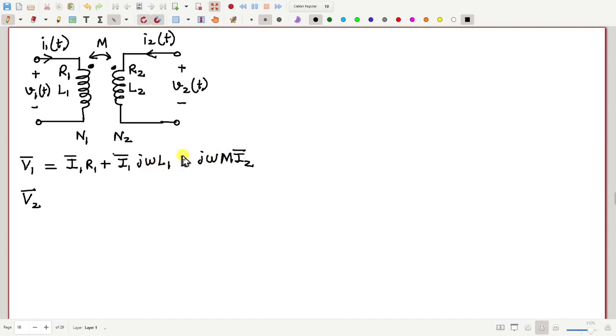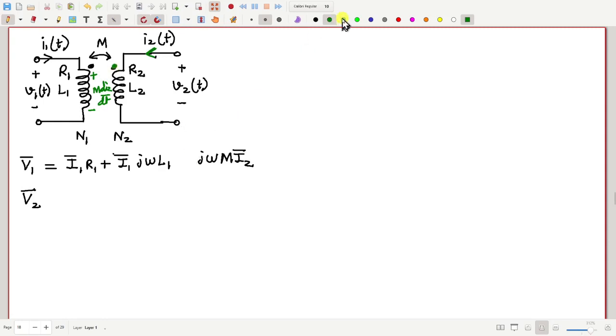and should the sign be positive or negative? That we get from the dot convention. See here, current I2 is entering the dotted side. That means for the voltage, if I write M di2/dt, which is induced in the primary coil, that will have its positive polarity towards the dotted side, because the other current is entering the dotted side.